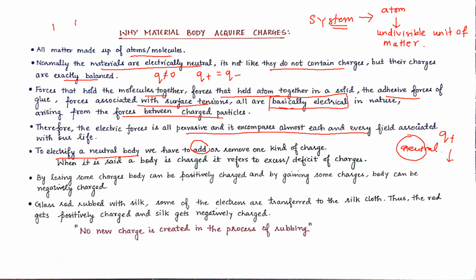Now inside the body we will have more of the opposite charge. For example, if we remove positive charge, there is an excess of negative charge. So this makes the neutral body negatively charged.